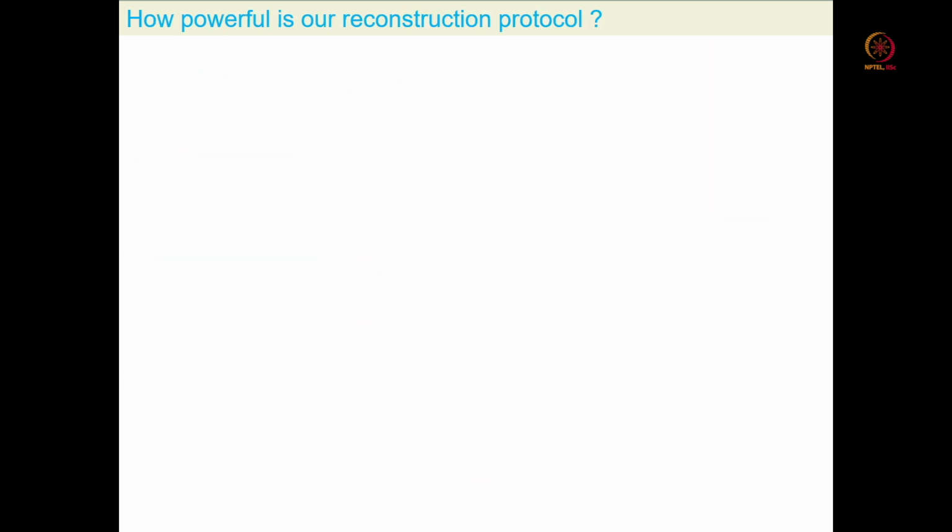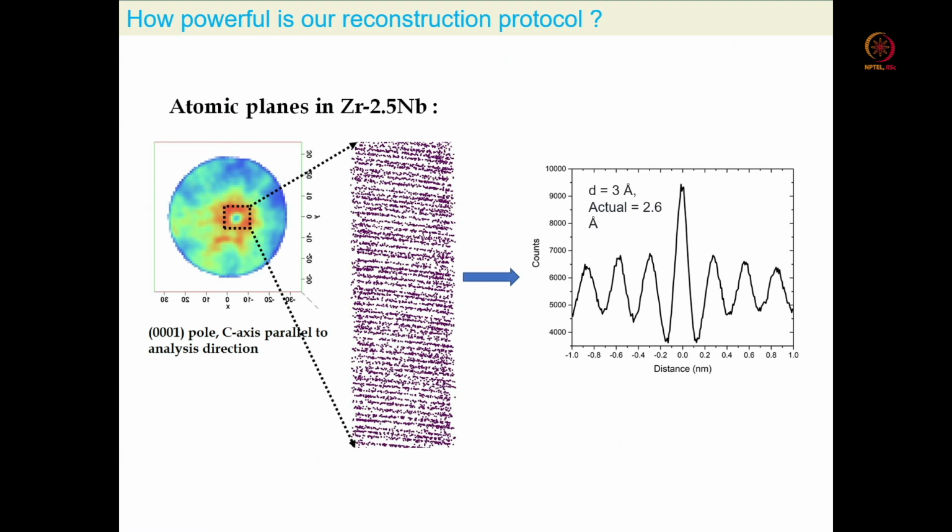This is one slide where I want to show you how powerful these reconstructions are. We can actually resolve the atomic planes by this reconstruction protocol that we just described.